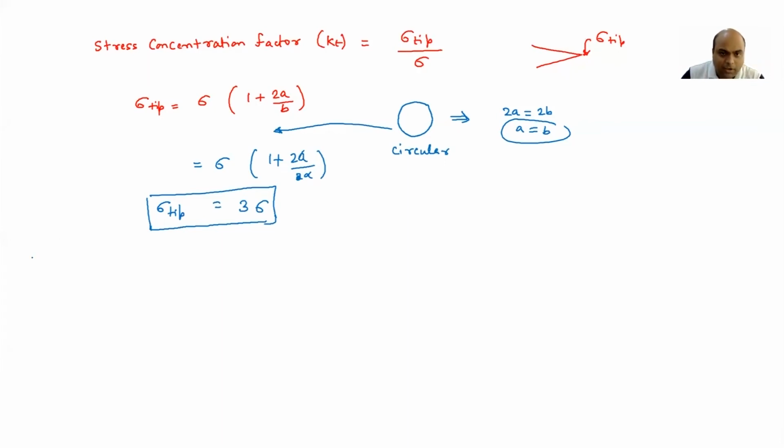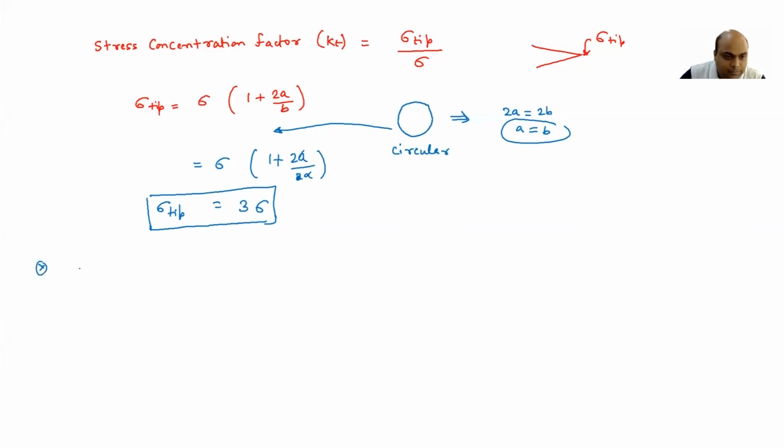Right? Okay. Now imagine if you increase the major axis relative to b. Okay, so you are continuously increasing the a value relative to b, which is smaller. The elliptical hole is going to become a sharp crack and it is going to have some curvature, right? Say rho. So what is the formula now?